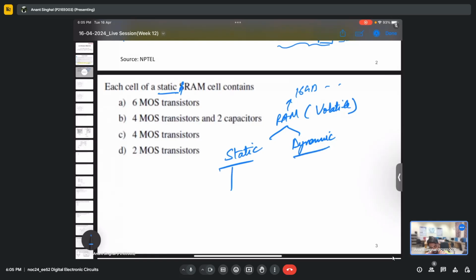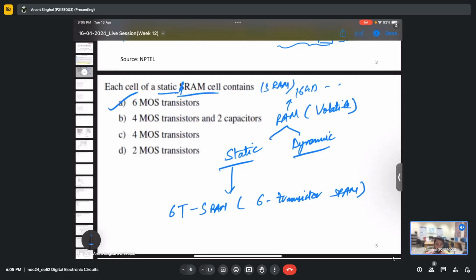The most basic structure of SRAM is known as 6T SRAM, which is the 6 transistor SRAM. For the sake of the answer, 6 MOS transistors can make any SRAM cell.